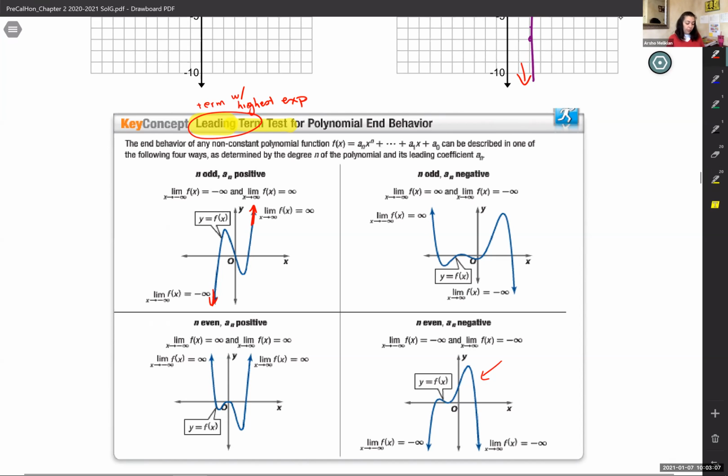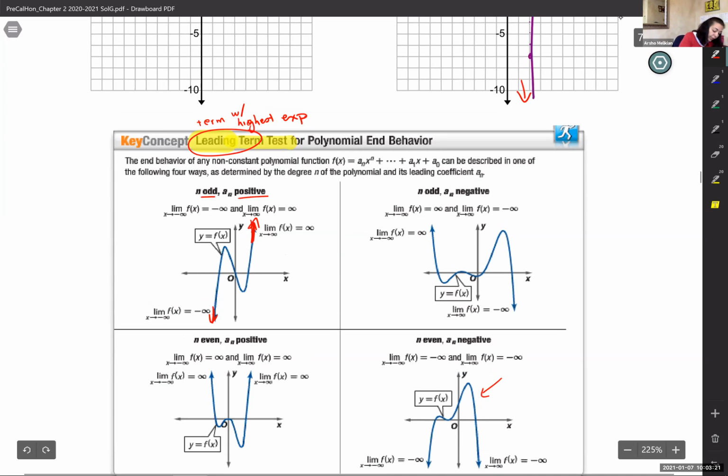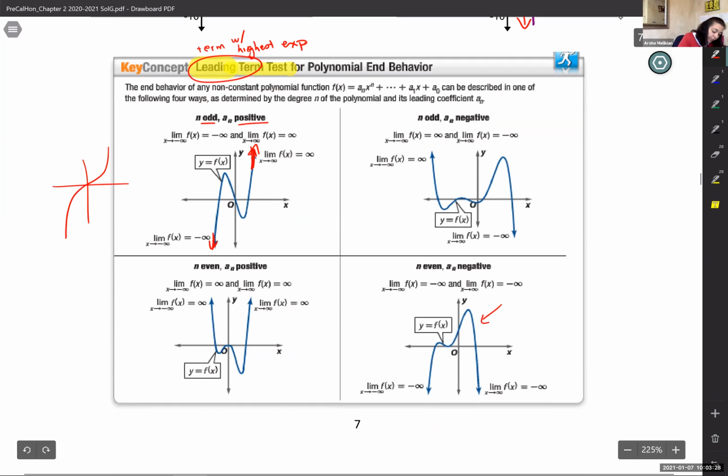So what you do is you take the term with the highest exponent and then you see if that exponent is odd with a positive, it's going to look like this. It's going to look like the cubic, down on the left, up on the right. If it's odd with a negative, it's going to look like a cubic, but with the negative option.